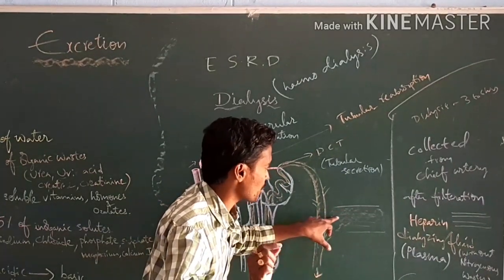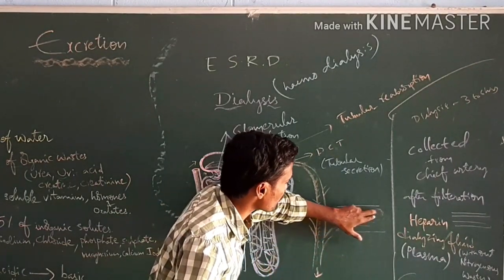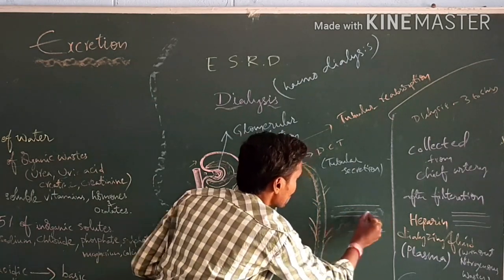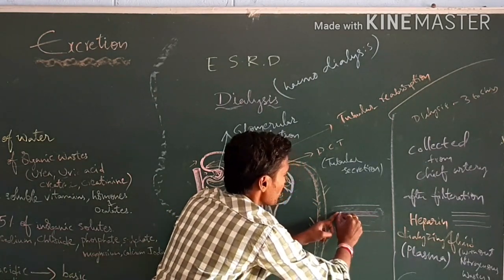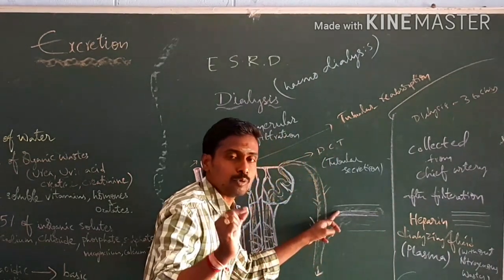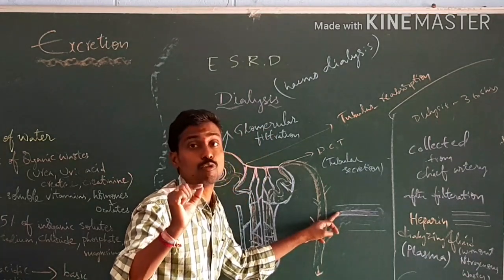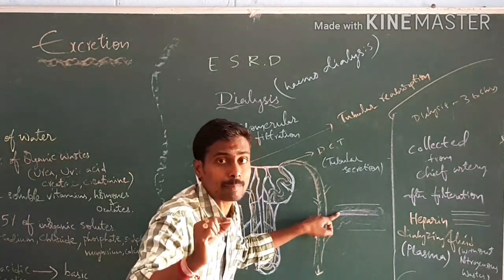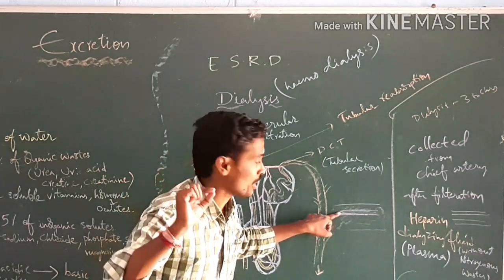Here, as I already said, the blood is flowing inside the tubes. Actually those tubes are made up of cellophane membrane. Some physical properties are helping in the process of filtration.